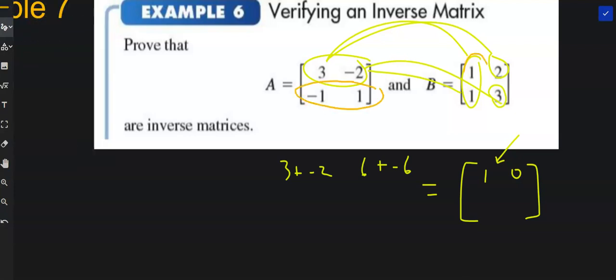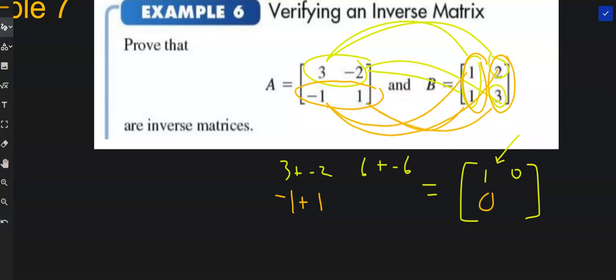Okay, this row times this column, negative 1 plus 1, negative 2 plus 3. So we found that it was the identity matrix. Therefore, we know that these 2 things are inverses of each other.